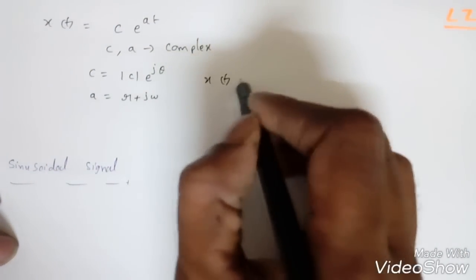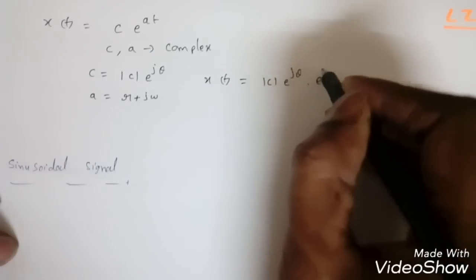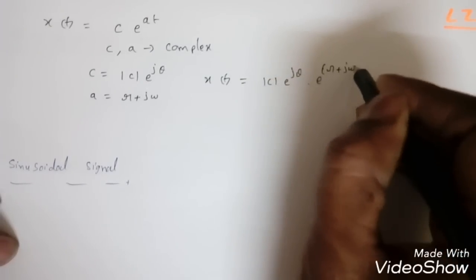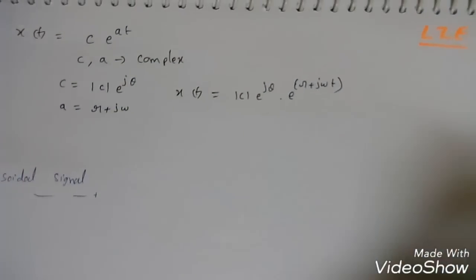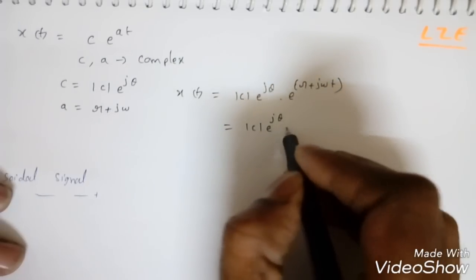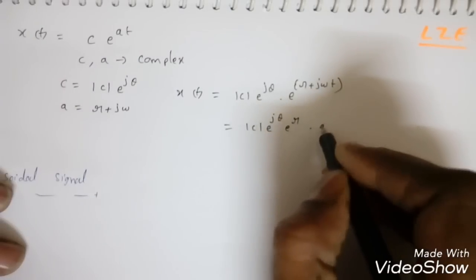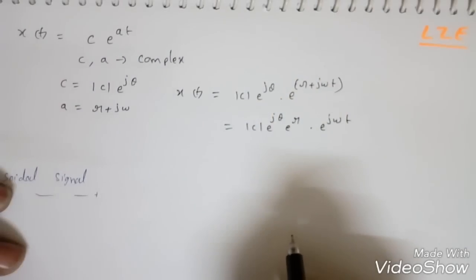So x of t can be represented like this: mod c e power j theta into e power r plus j omega t. This can be represented as mod c e power j theta into e power rt into e power j omega t.